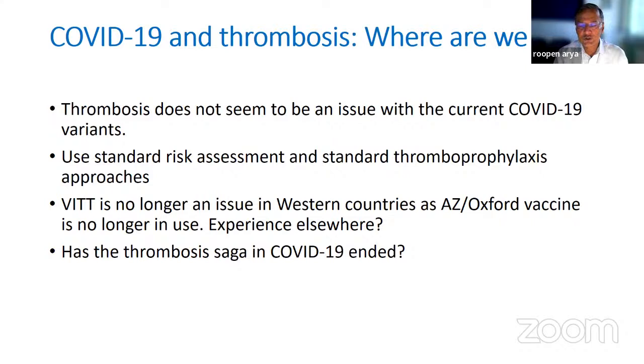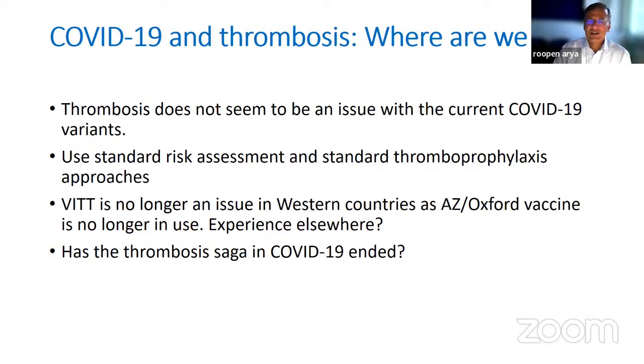And I think we should use standard risk assessment and thromboprophylaxis approaches. We no longer see VIT because we don't use the Oxford vaccine anymore. It would be interesting to see if it's still an issue for you. So now I think COVID, generally speaking, is a much milder disease.